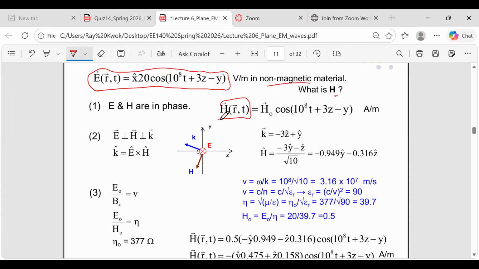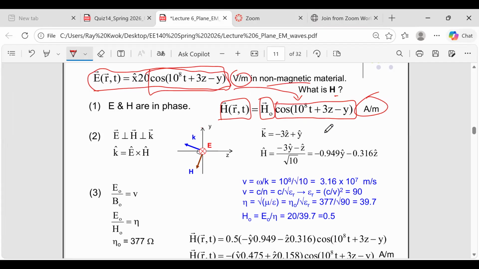So I write H is equal to some kind of direction and magnitude, which I'm going to find out later. I'm just going to copy the phase part, the wave part here. Whatever I have on the E, I'm just going to copy this. That should be an easy one. And then change the unit to amps per meter instead of volts per meter, right? You should at least get 1 point on this.